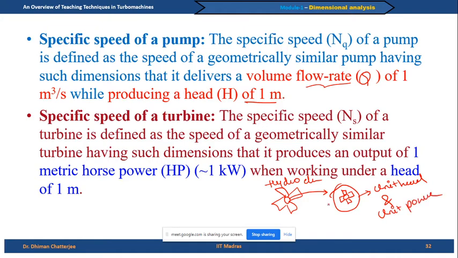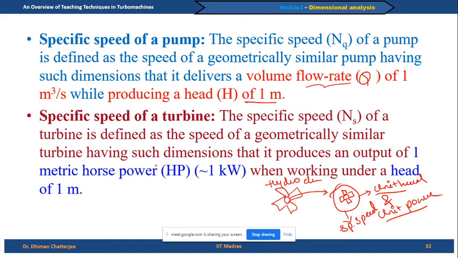Are you understanding? The speed at which it rotates under unit head while developing unit power is called the specific speed. It is that speed with which the big turbine also rotates when subjected to unit head and unit power.